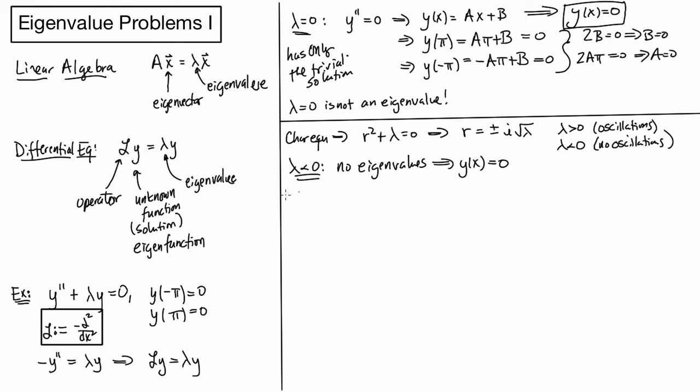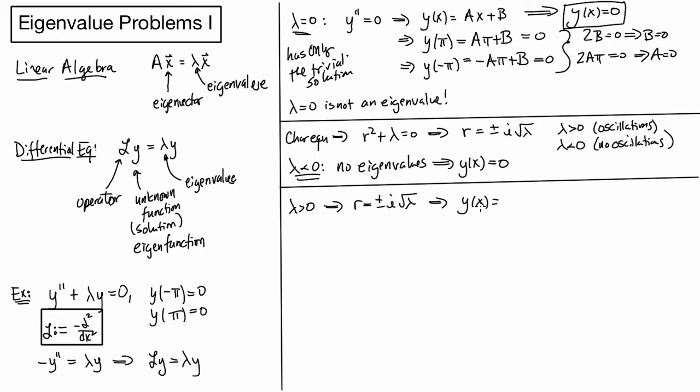So instead, I want to take a look at the case where we get oscillations and potentially we might find non-trivial solutions, and that's the case where lambda is greater than 0. So if lambda is greater than 0, then we know that our characteristic roots are complex of this form, and so our solution is a constant multiple of a cosine square root lambda x plus b sine square root of lambda x.